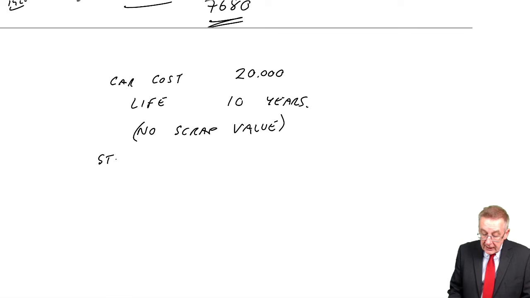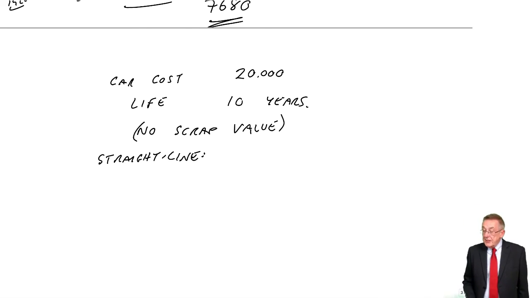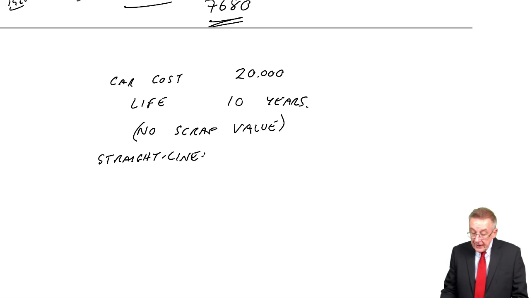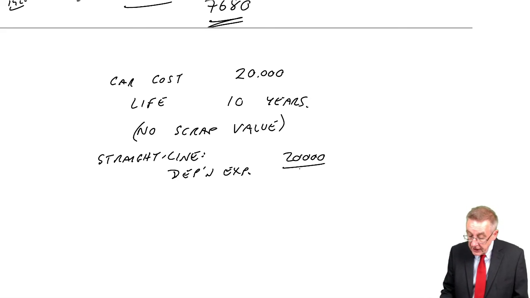And suppose it's straight line depreciation. What would be the expense each year? Well, if there's no scrap value, the depreciation expense each year, 20,000 minus 0 over 10 years, is 2,000 per year.